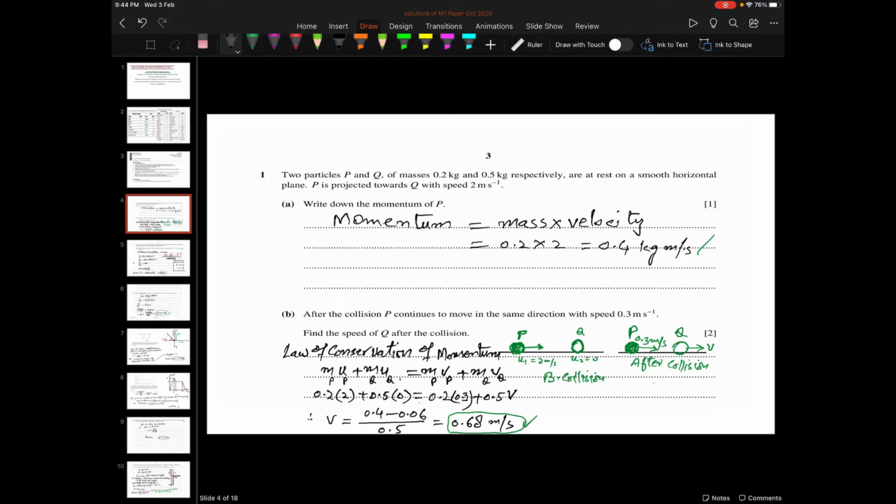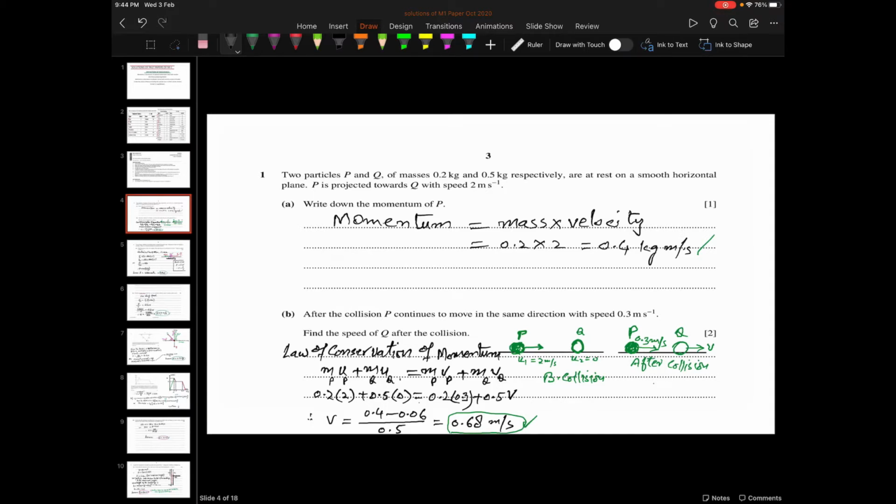A part: Write down the momentum of particle P. Momentum is equal to mass multiplied by velocity. It is the formula for the momentum. Mass of particle P is 0.2 kg and velocity is 2. So momentum of P is equal to 0.2 multiplied by 2, which is equal to 0.4 kilogram meter per second.